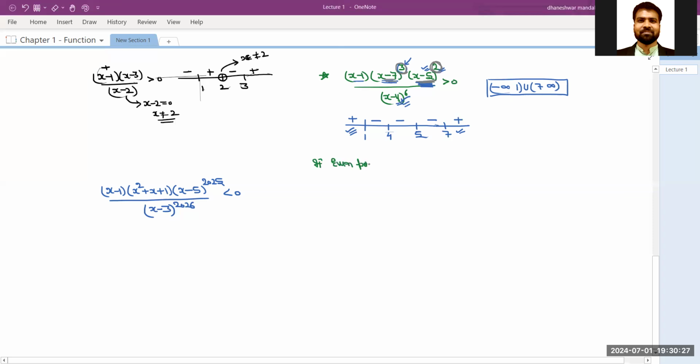Even power factor is there, then the sign around the critical point is not changed.